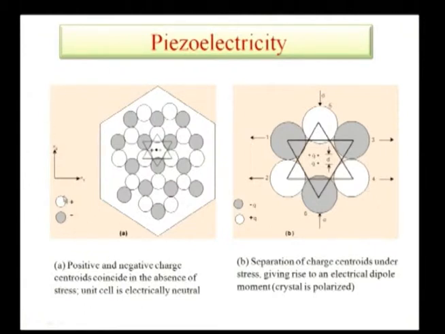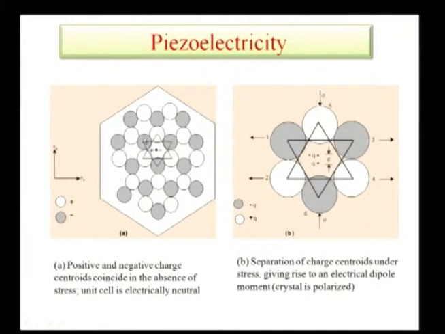This is a whole crystal containing both the open circles and darkened circles. Let us assume the open circles as positive ions, the darker circles as negative ions. What do you find? You find here 3 open circles, right. Here it is a hexagonal kind of thing that you have got here, 3 open circles and 3 dark circles, right.